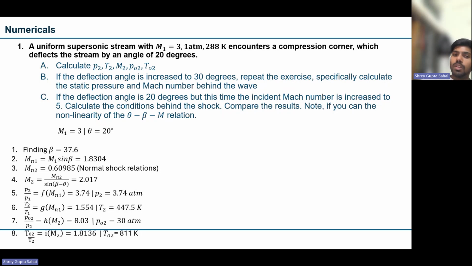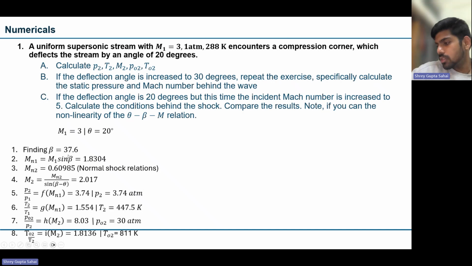Some beta value we have taken differently, so there is some deviation, but anyways, that does not matter. So the values are fine. Now, let's do the B part first.